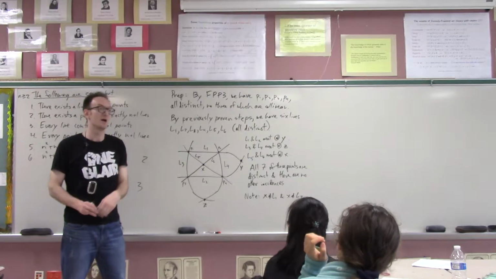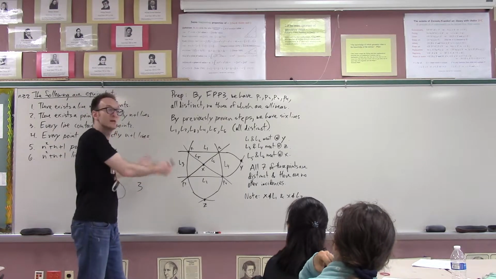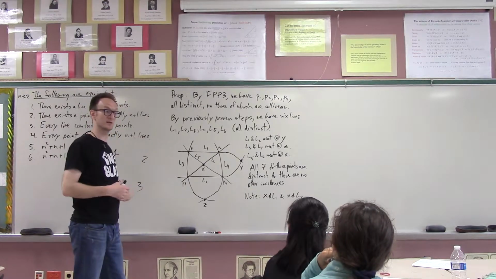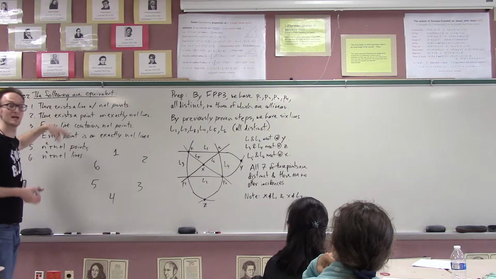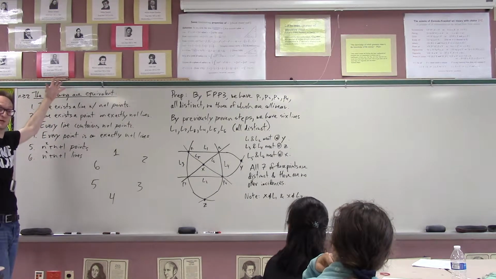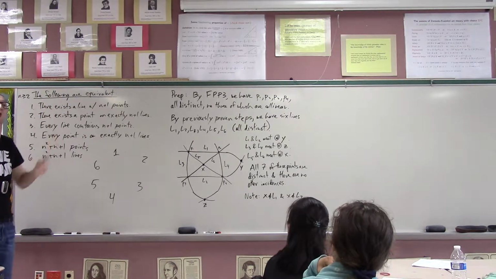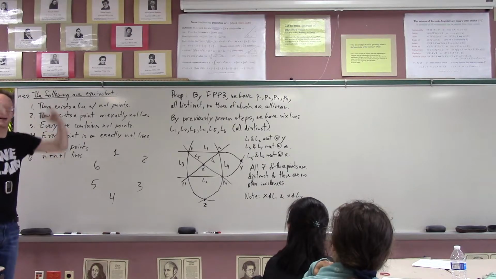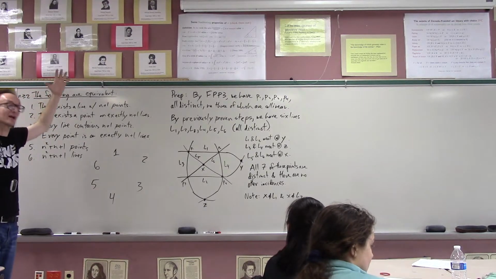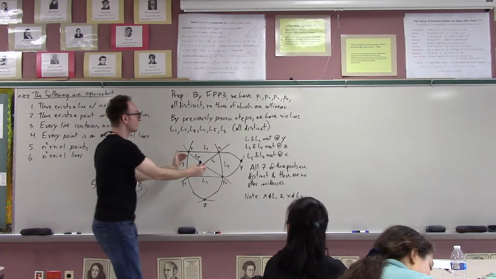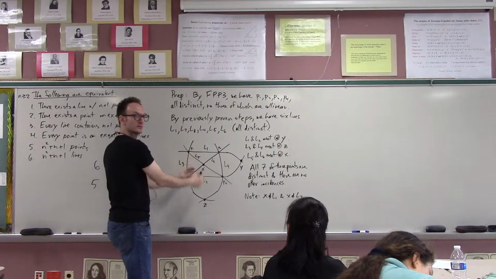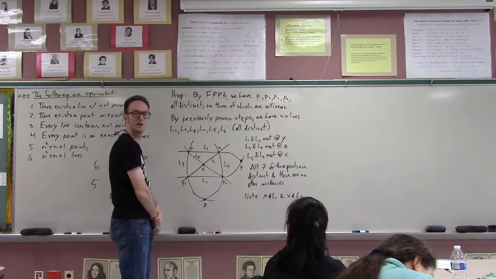But of course, this might not be the Fano plane. We want everything we're doing today to apply to all possible finite projective planes, including ones in which there are like 100 points per line. So the actual structure of the model might be very complicated. But at the heart of the model, there must exist, by virtue of FPP3, some structure that looks like this. All right, are we good?